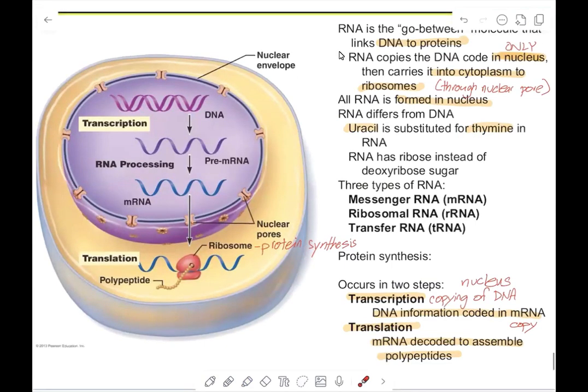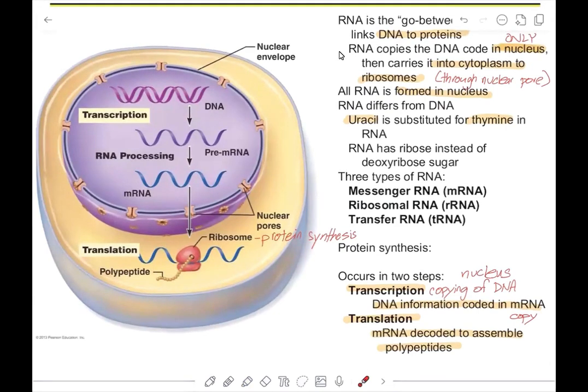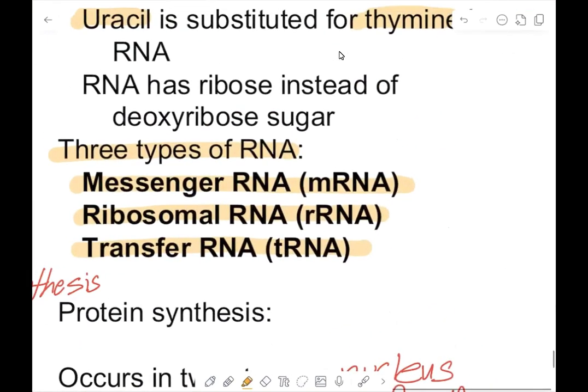As you learned in chapter 2, and especially on that macromolecules chart, RNA has 3 different forms. It has messenger RNA, ribosomal RNA, and transfer RNA. The messenger RNA is a copy of the DNA that happens in the nucleus. The ribosomal RNA is the structural material of the ribosomes.